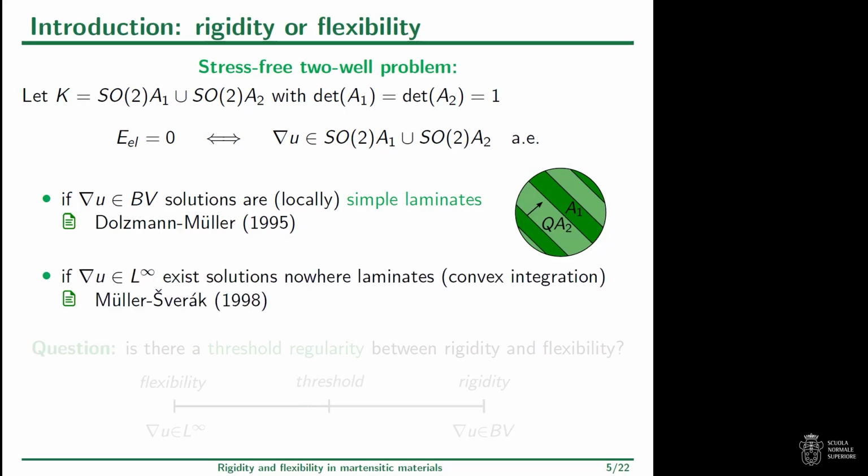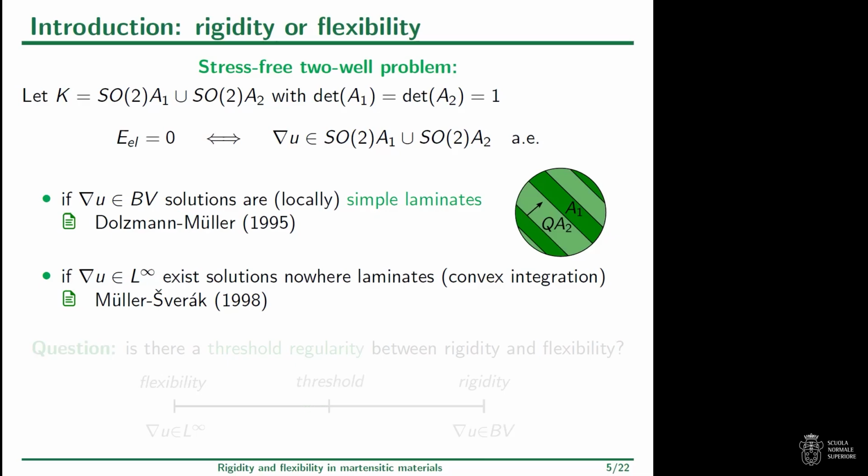But also, this was surprising. Even in the title of their paper, Müller and Šverák wrote something like unexpected solutions. If you completely drop the BV regularity of the gradient and you just consider Lipschitz solutions, then a large class of solutions may appear.